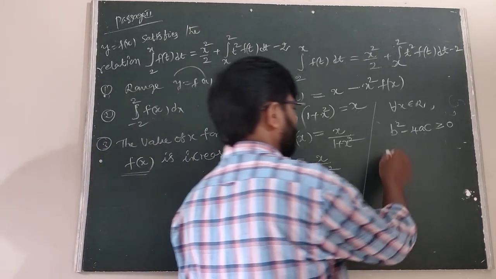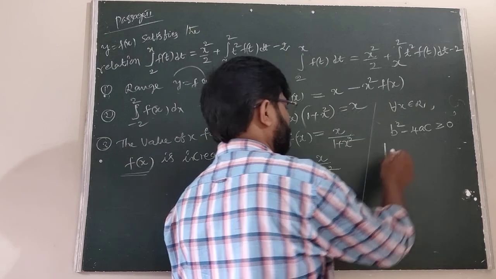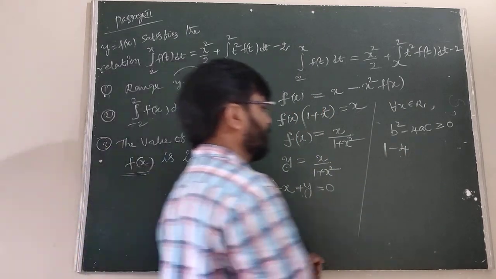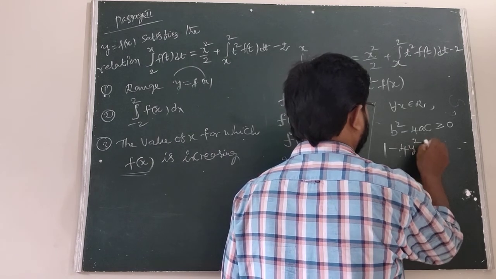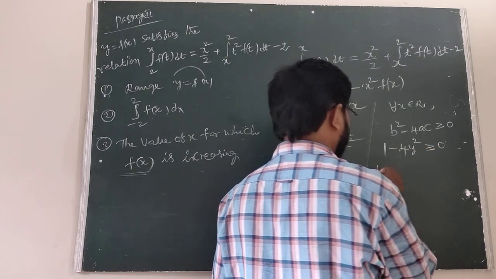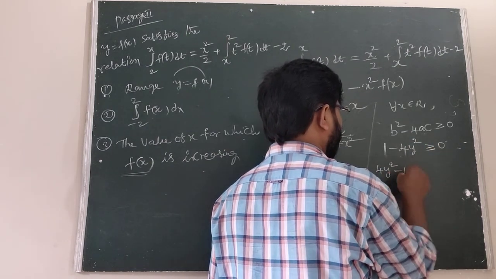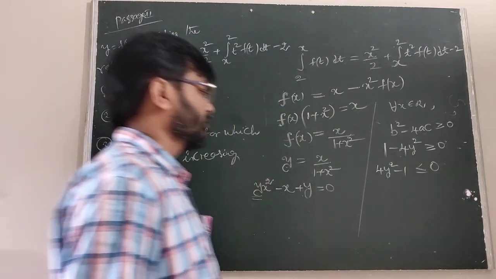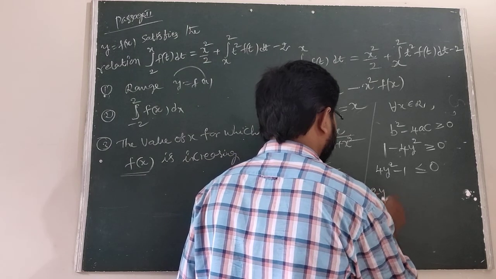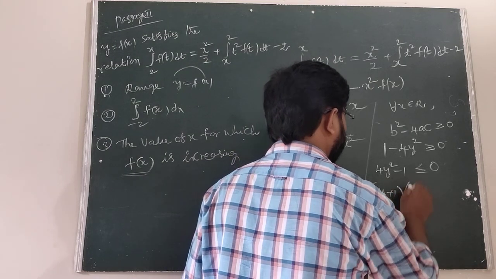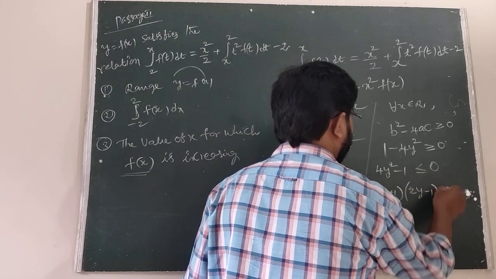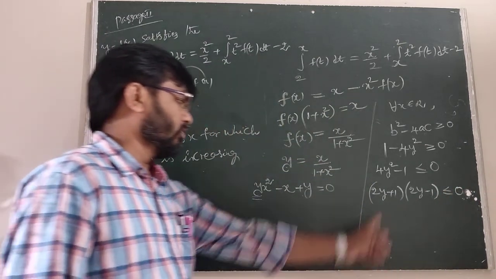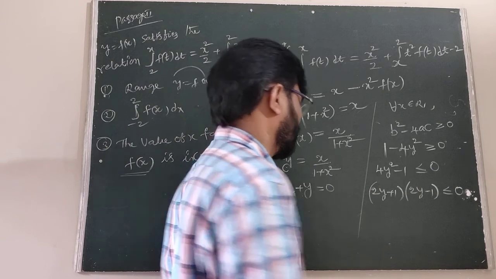Therefore, b square is minus 1 whole square, minus 4ac, y into y is y square. Now this is greater than or equal to 0. Now this is 4y square minus 1 less than or equal to 0. Now this can be written as 2y plus 1, 2y minus 1 less than or equal to 0. Therefore y equal to minus 1 by 2 and y equal to 1 by 2.